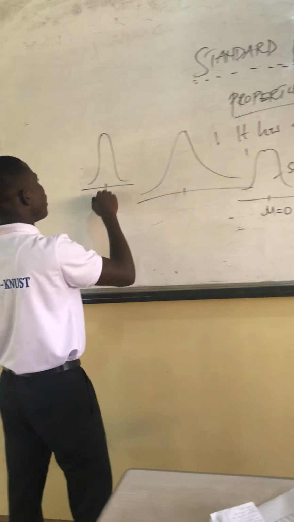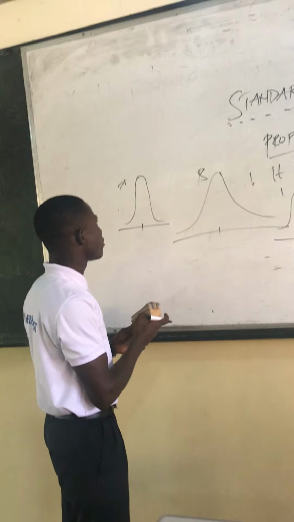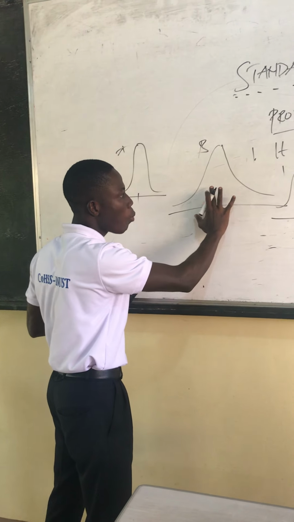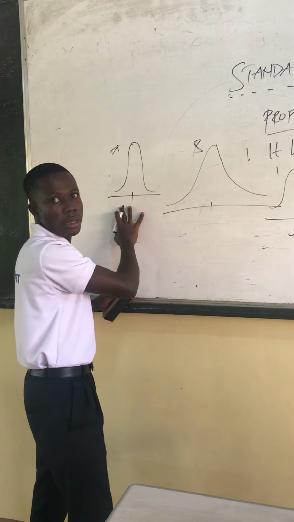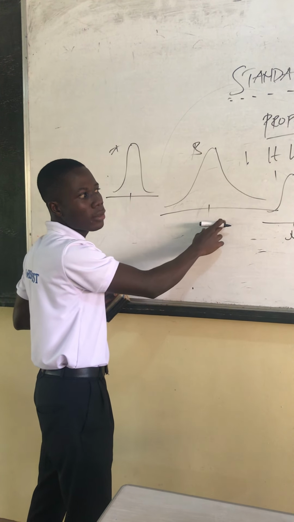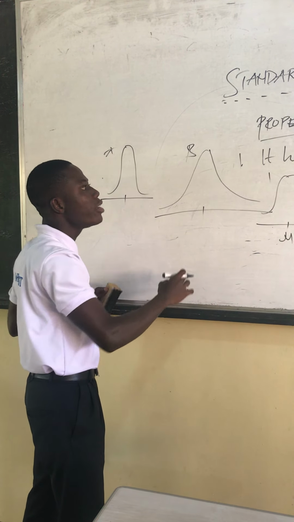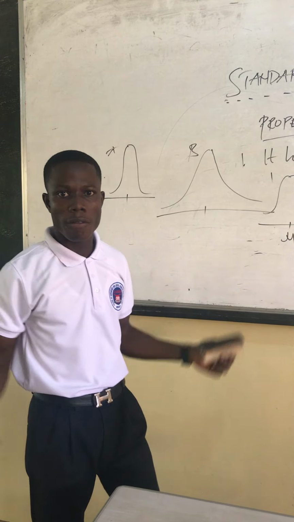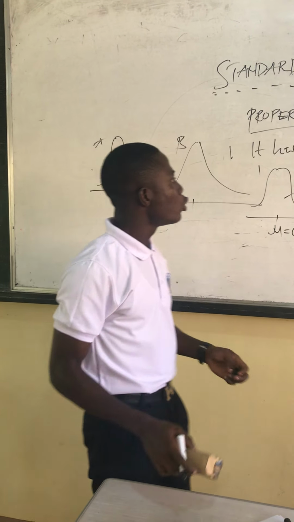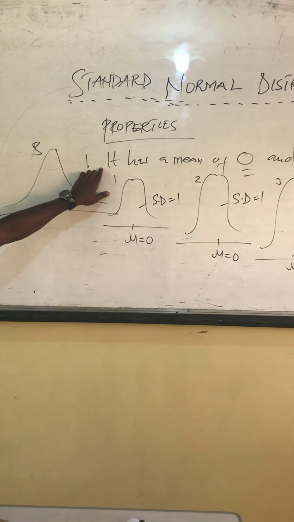You see, we have distribution A, distribution B. You can bear with me that this one is more spread out than this one. It means here we'll have a bigger standard deviation than this one. Why? Because the standard deviation describes the spread of a distribution. So that's the first property of the standard normal distribution.